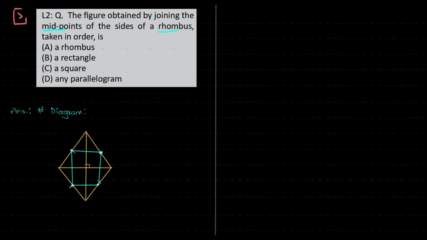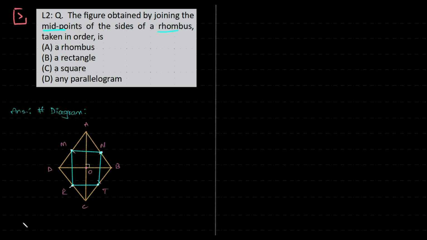Right, so let's consider a rhombus with vertices A, B, C, D, and let the midpoints be M, N, T, R. And the point of intersection of the diagonals be O. Right, so let's start off with that.